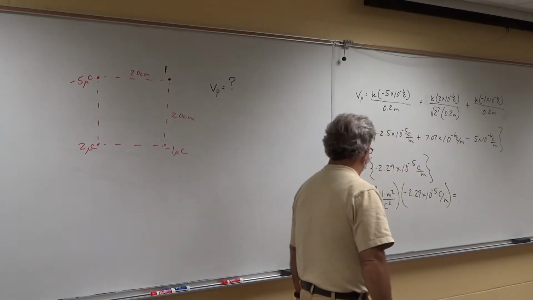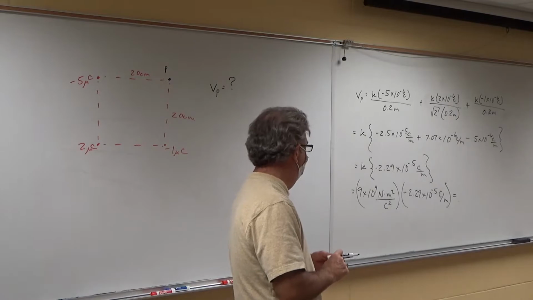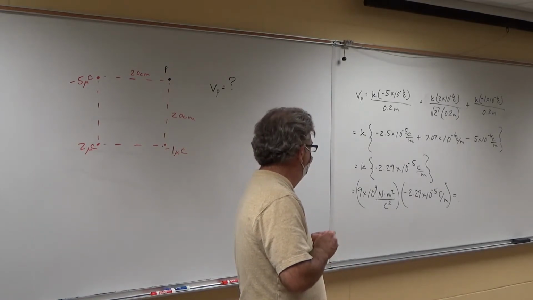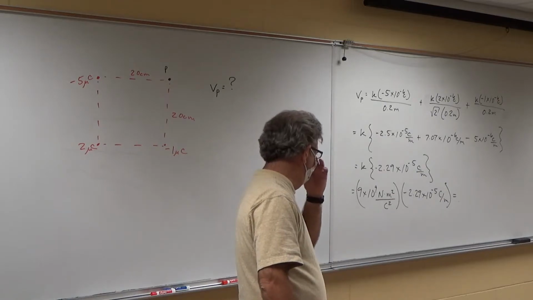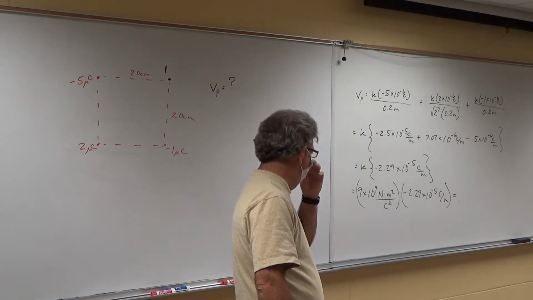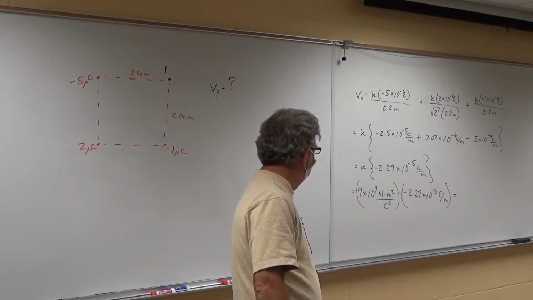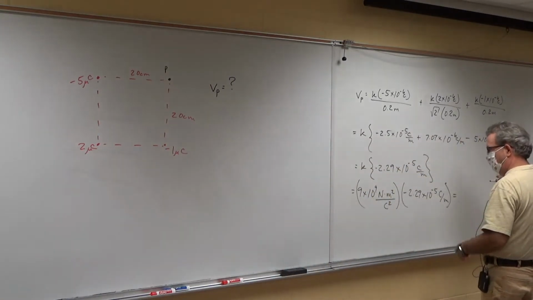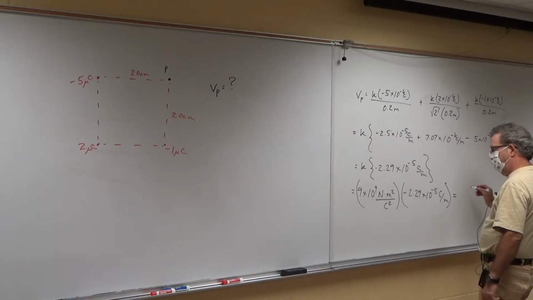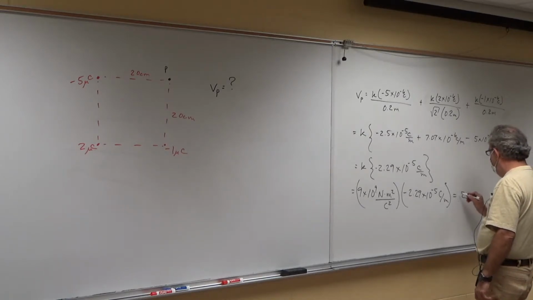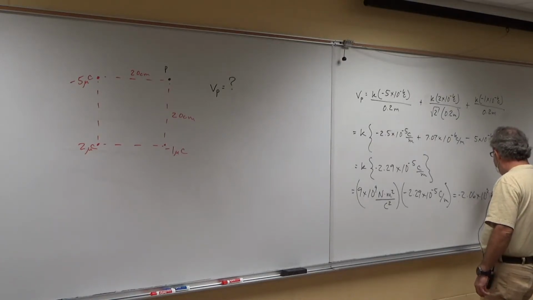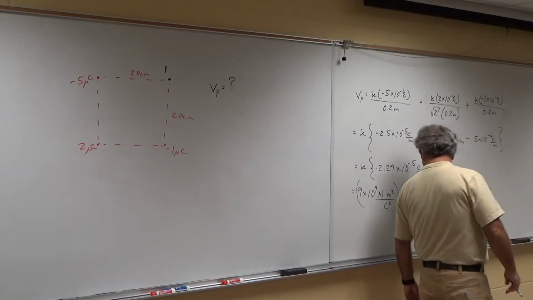And that's equal to, what is that? 2 point something times 10 to the 5. Negative 2 point what? Let's think about units.